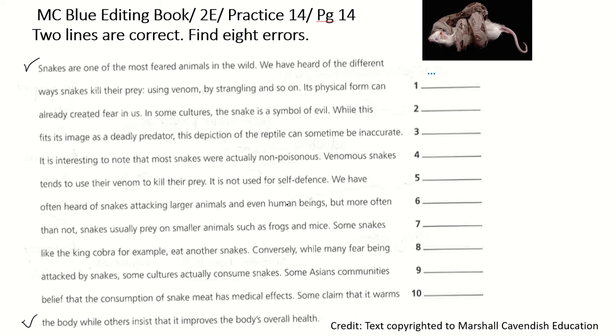The next thing that you need to know is to read the text and scan whether it is a factual text or a narrative recount to find out what is the dominant tense. As you can see from the first line, snakes are one of the most feared animals in the wild. It is what kind of text? Yes, it's a factual recount.